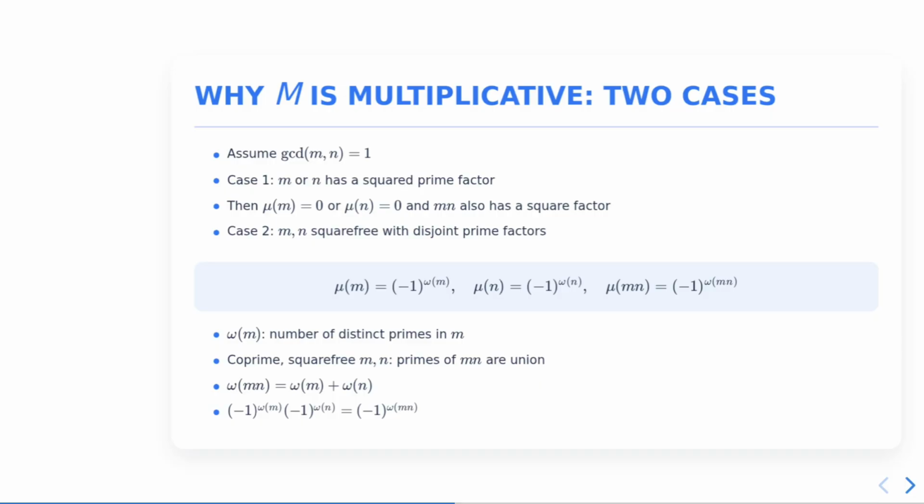Then we can write mu of m and mu of n as -1 to the power omega of m and omega of n, where omega counts distinct prime factors, and mu of the product uses omega of mn. Because the primes are disjoint, omega of mn is just omega of m plus omega of n, so the sign for mu of mn is the product of the two signs. That is exactly the multiplicativity rule.